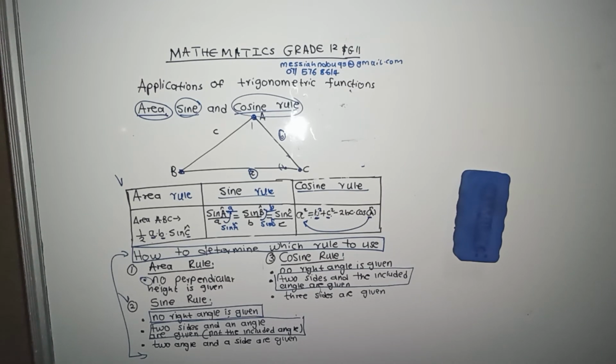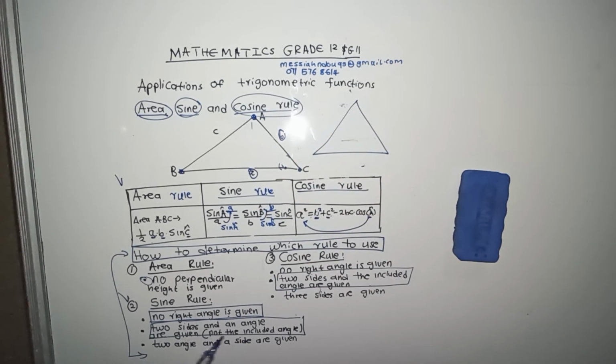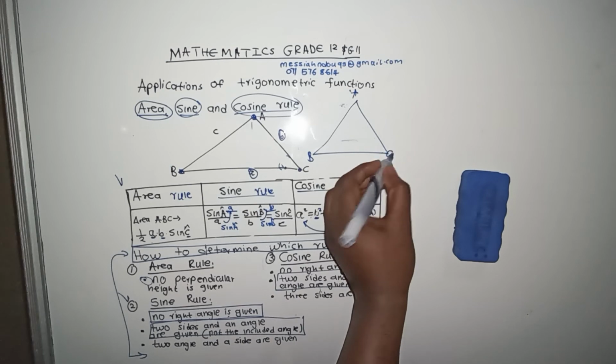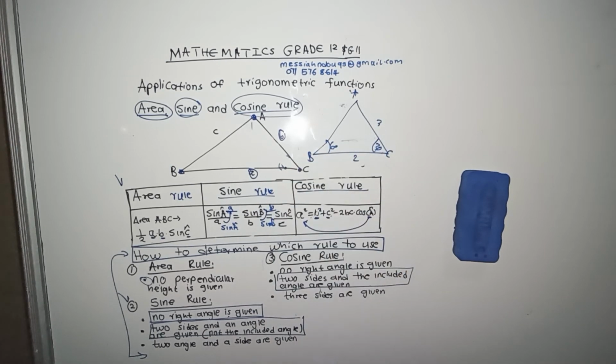So what is the included angle? Take a triangle such as this ABC, with sides 2 and 3, and angles 30 and 60, like this.